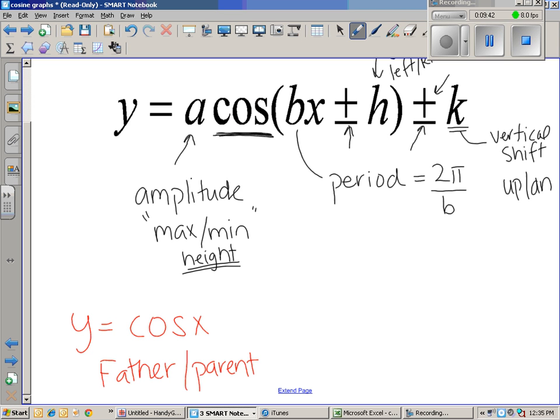And now I want you to compare it to something like y equals 2 cosine x. Then compare it to something like y equals negative cosine x.